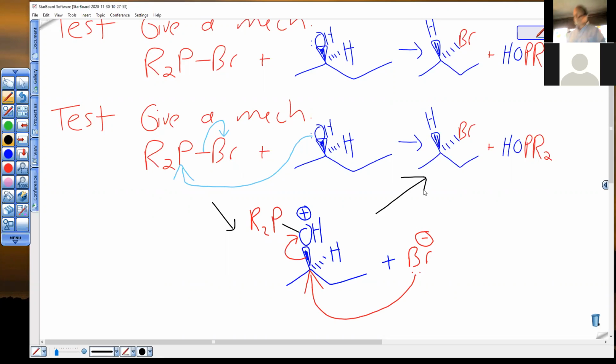So this is a nice way to convert alcohols. This would be overall. And PBr3 was the reactant.